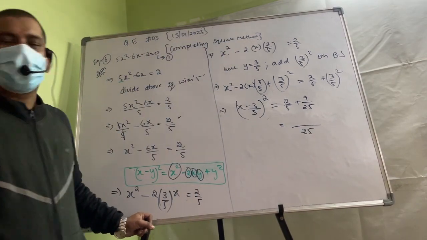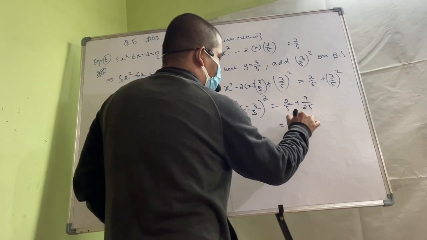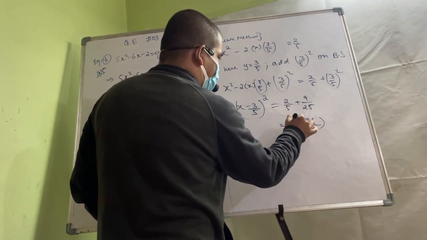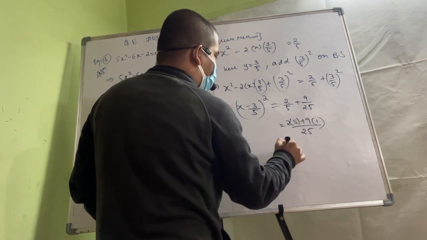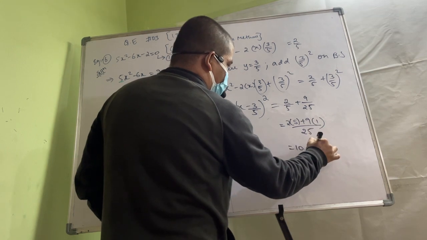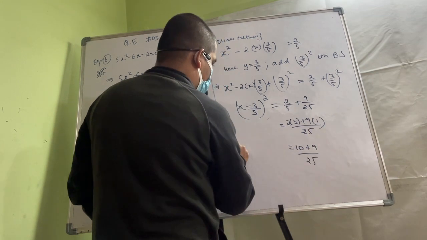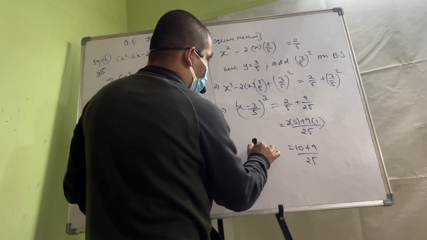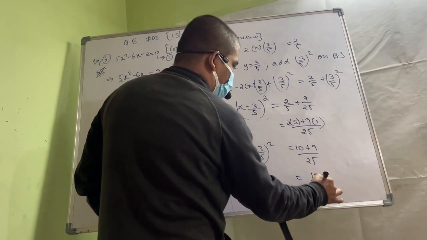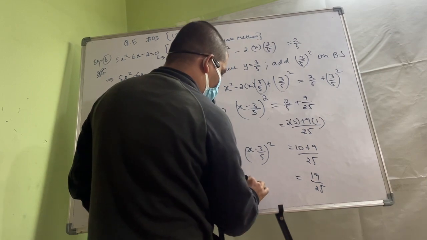Right, clear? 2 times 5 is 10, 9 times 1 is 9, so 19 by 25. So we finally got this much.